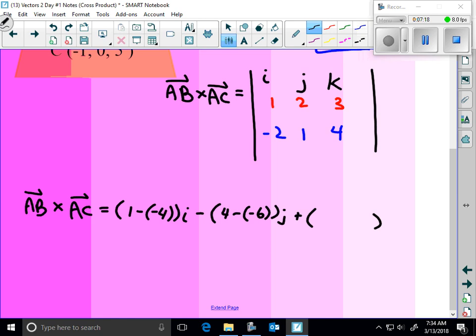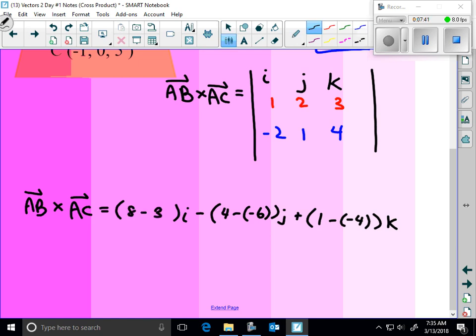I get 1 times 1, which is 1, minus negative 4. Uh-oh, did I do something wrong there? Yes, I did. I did my first component wrong. I didn't cover up the I. I covered up the K. So let's cover up the I. I get 8 minus 3.